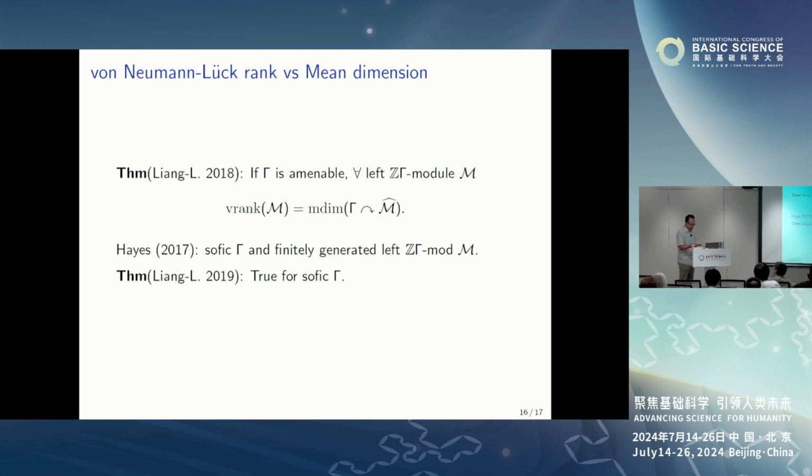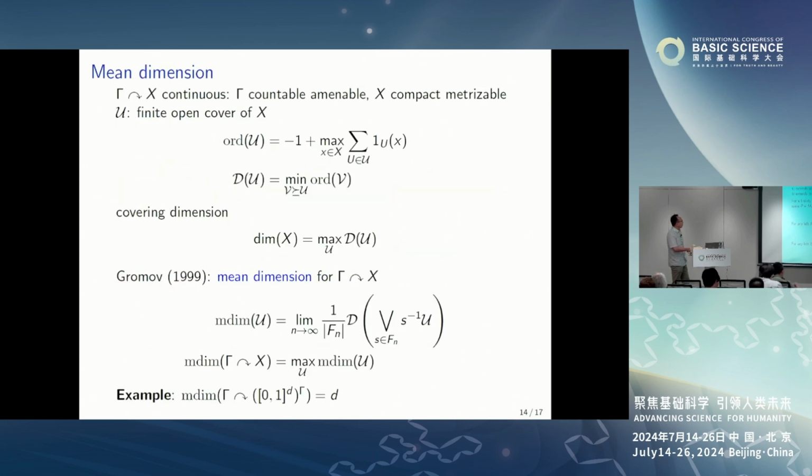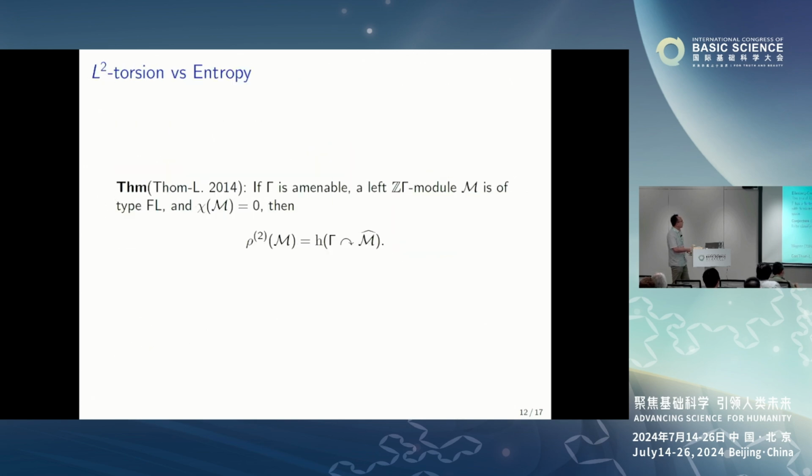If you want, yes, there are examples, and people even calculate, for example, for hyperbolic groups or something like that. But if you just look at the theorem here, I think you can easily find examples where the right-hand side is not zero. I'm not an expert, so I don't know those examples on the right side. Maybe after.